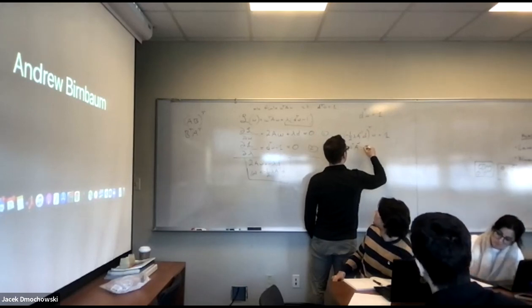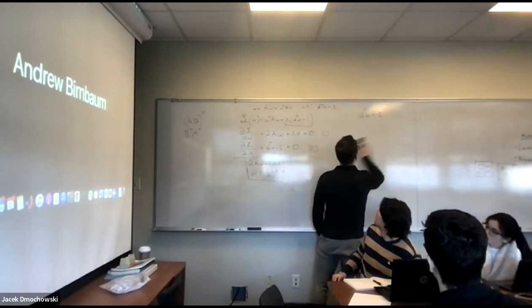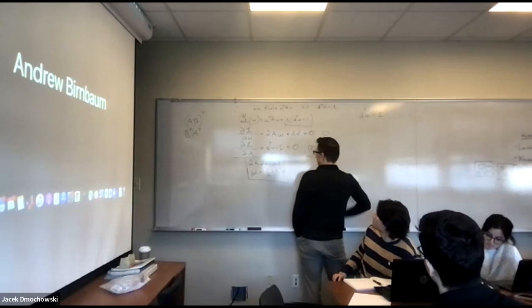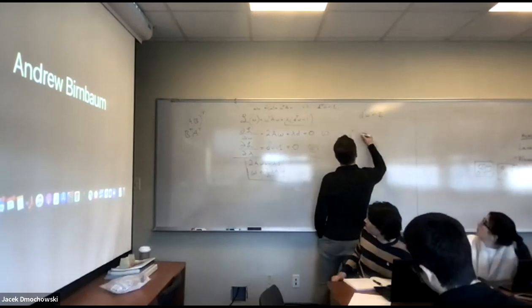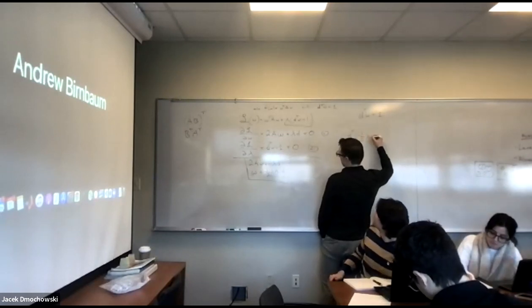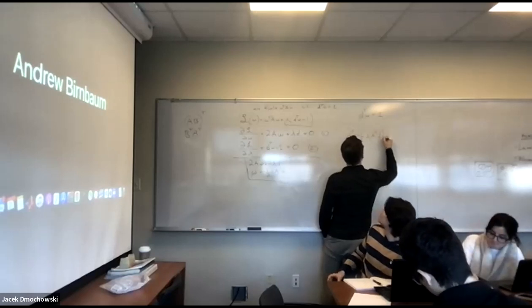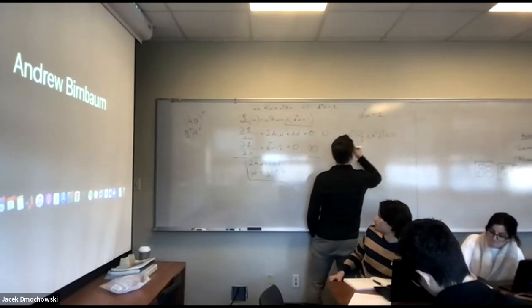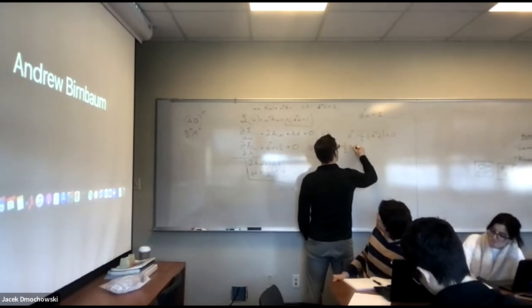Shouldn't there be another? I screwed this up. Sorry. You should have a D transpose and a D. I plugged it into the wrong place. So I don't even have to transpose it. That equals 1.